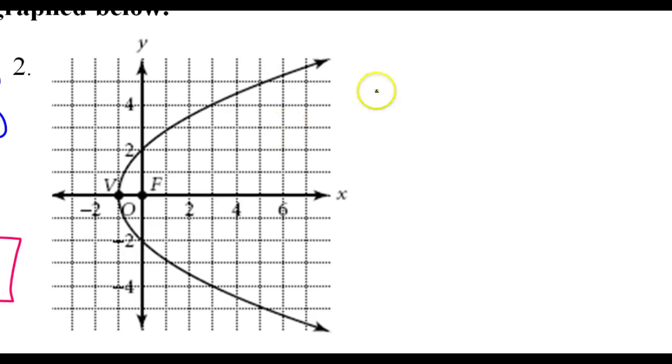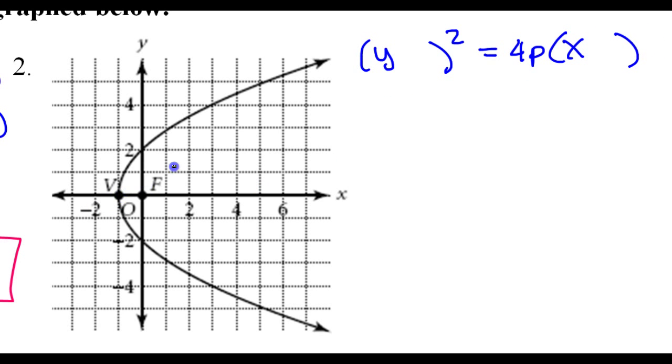Alright, problem number 2. Here's our thought process. We see that it is sideways. That lets us know that it's going to be one of the ones with the y squared. We see the vertex. The vertex is the point negative 1, 0.